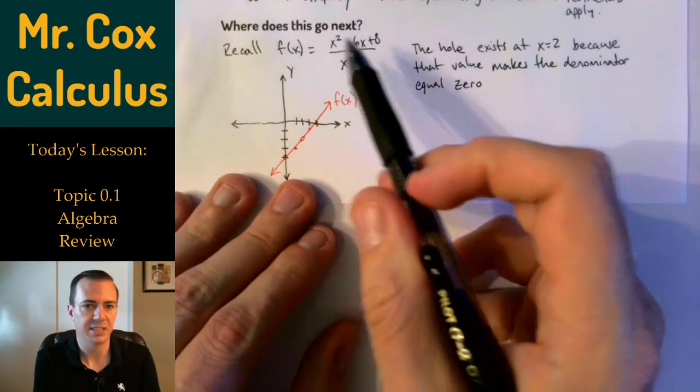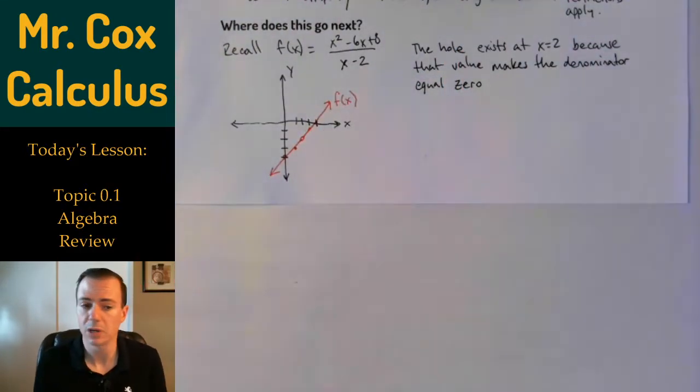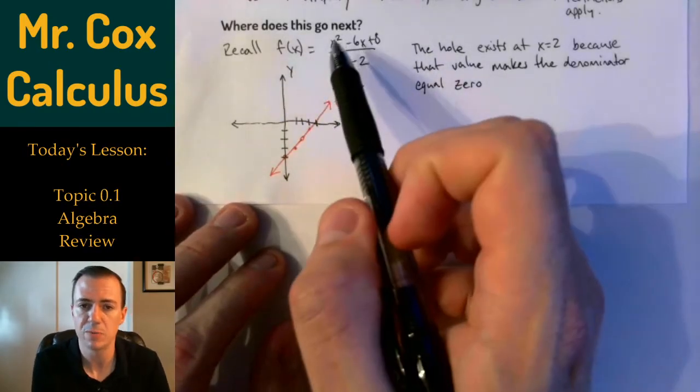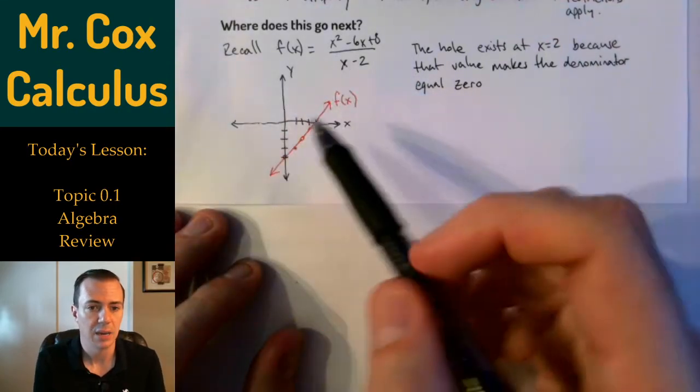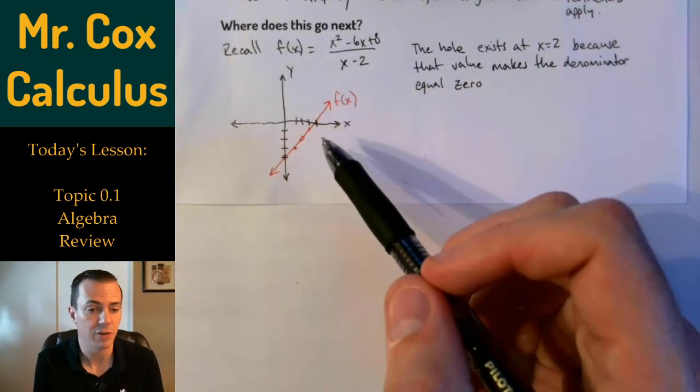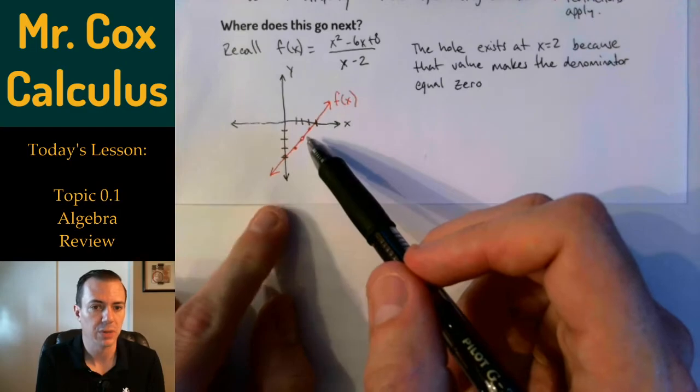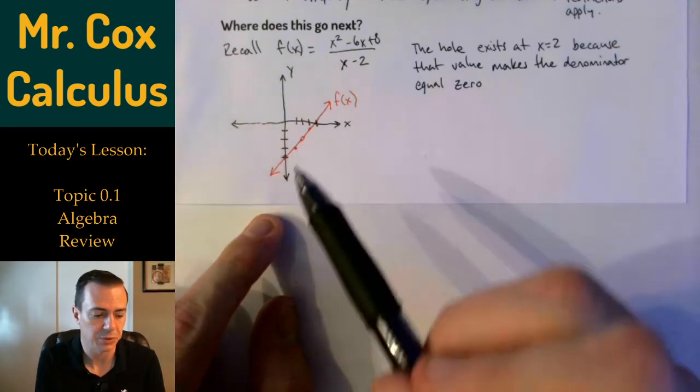And we can clearly see that here from f of x. But if you'll recall that function, when we factored out the numerator, the x minus 2's were actually able to divide out, and what we were left with was just the linear function x minus 4, but we still couldn't graph this hole at x equals 2.